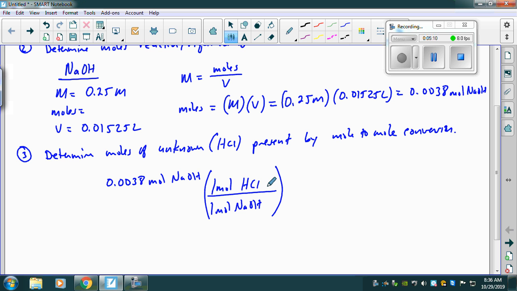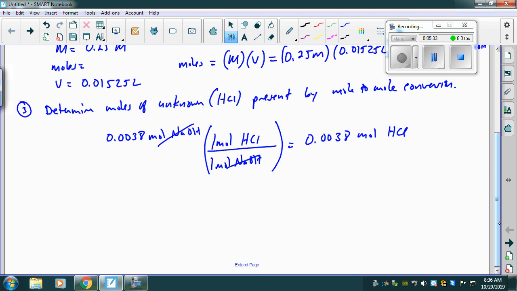I get that ratio from the balanced chemical equation. Moles of NaOH cancel out, do the math. That 0.0038 moles of sodium hydroxide reacted with 0.0038 moles of HCl. So now I know how many moles of HCl were present in my unknown solution.